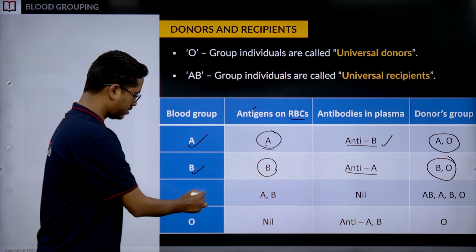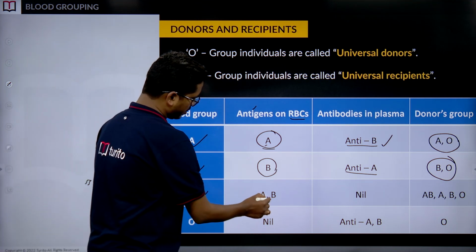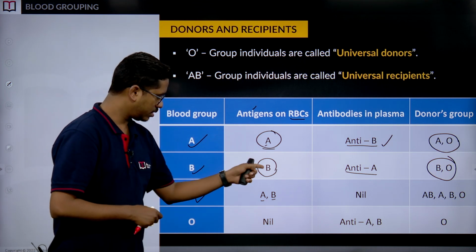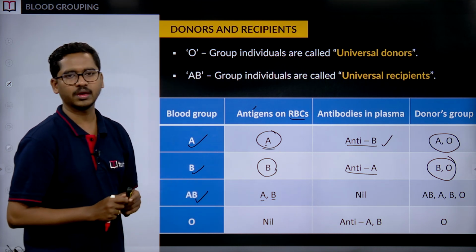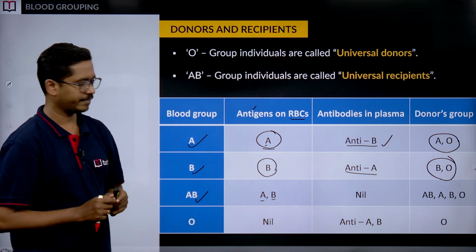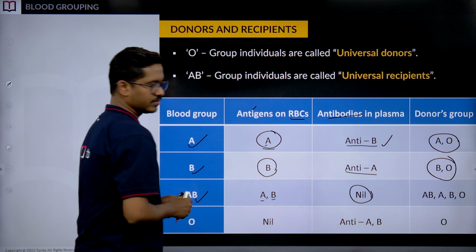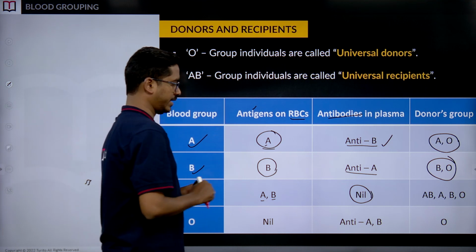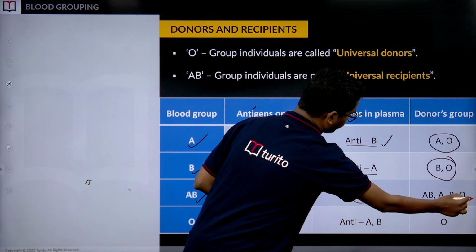Again, the person with blood group AB would have both the antigens on their RBCs, that is A and B. It is a common antigen, you saw that in A, you saw that in blood group B, and now in blood group AB you see the same antigens A and B. So, let us move forward. You will not find any antibodies here, no antibodies in blood group AB. Let us understand that later. So, who can donate? AB, A, B and O.